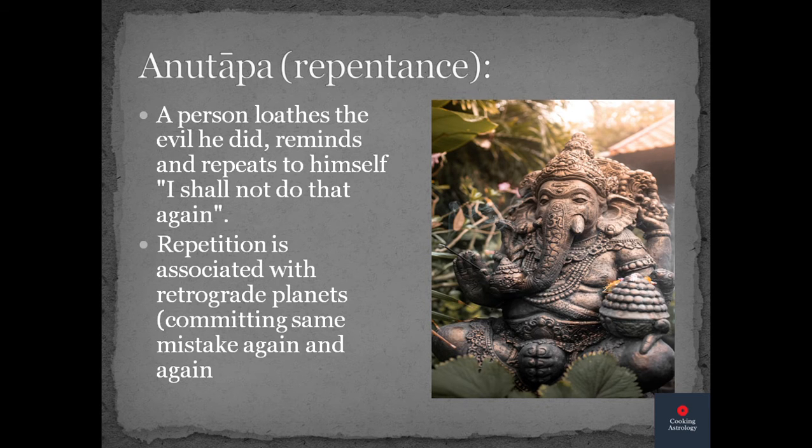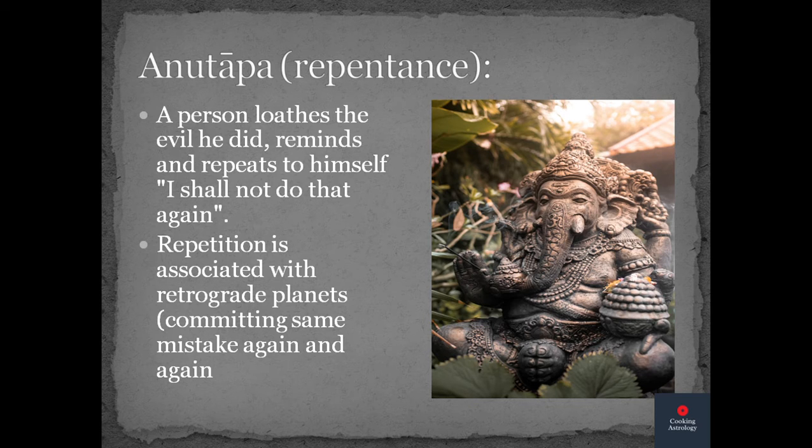Next, it's Anutāpa. Anutāpa means repeating something. Suppose you have committed some sin and you are repeating, I shall not do that again, repeating that thing again and again. And that is why repetition is closely associated with the retrograde planets, Vakri Graha.